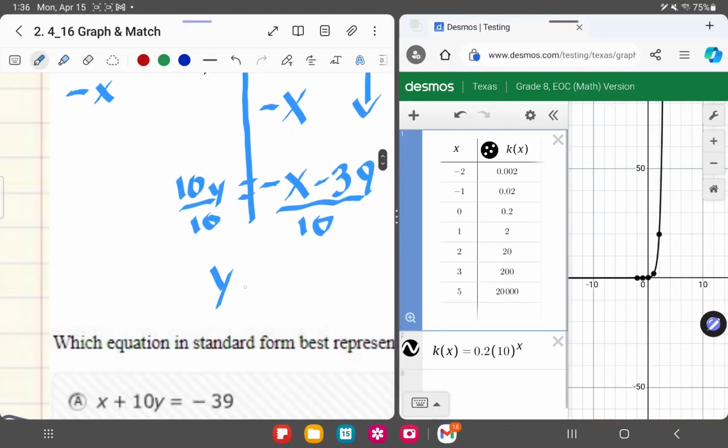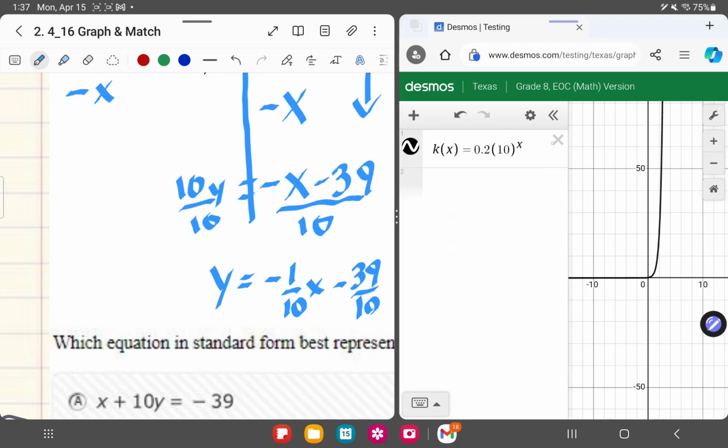And then I'm going to get y equals, and I'm going to separate both of them into different fractions. So it's going to be negative 1 over 10x minus 39 over 10. Okay, that is my answer, and that's how I would type it in the calculator.